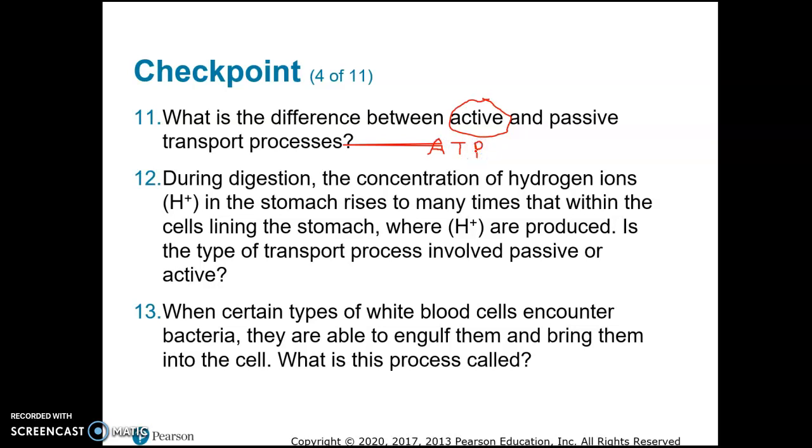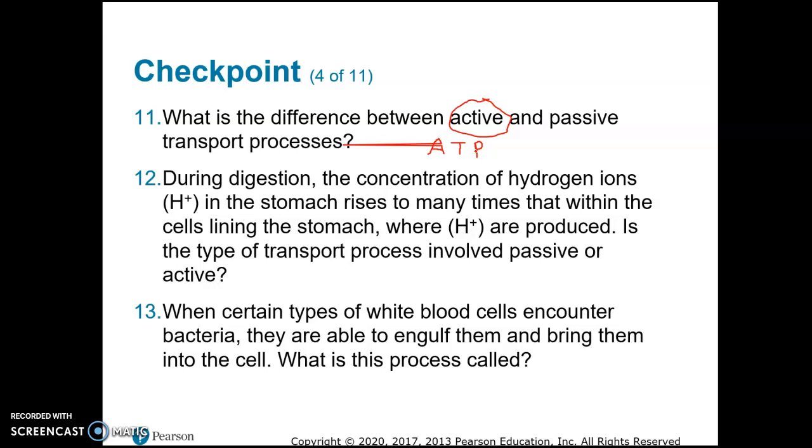And passive transport processes don't require that. But if you wanted to be even more specific, active transport processes move substances against their concentration gradient. They move the substances from low to high concentration, whereas passive processes move substances from high to low.